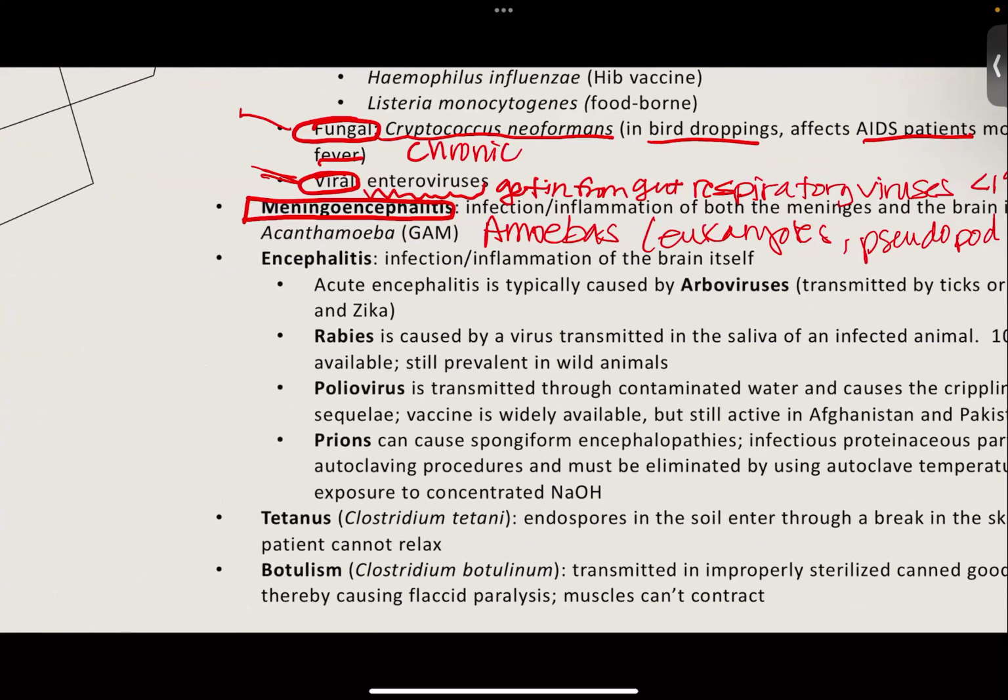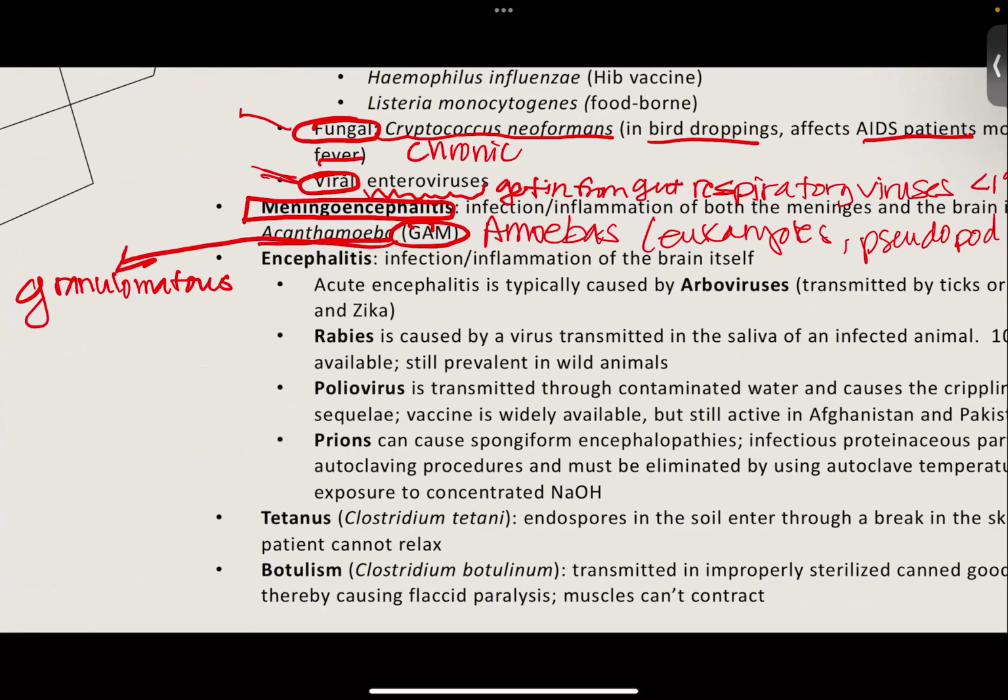And then we have Acanthamoeba, which causes GAM, which is granulomatous. That means there's granuloma formation involved, and that means that we have our white blood cells walling off infections. That's what a granuloma is. They sort of contain it in a little round wall of white blood cells. All right, so that's our meningoencephalitis, brain-eating amoebas.